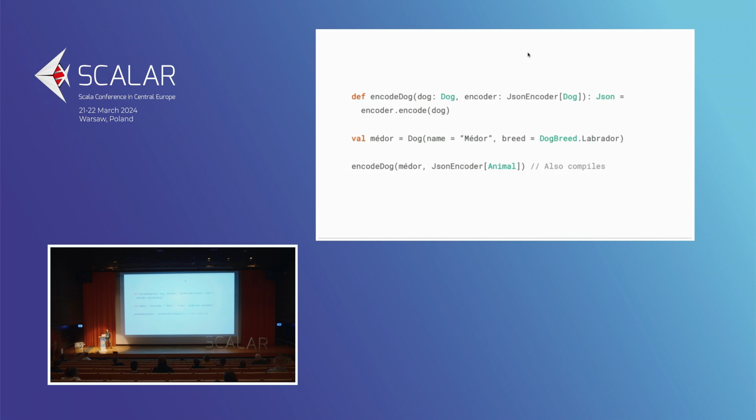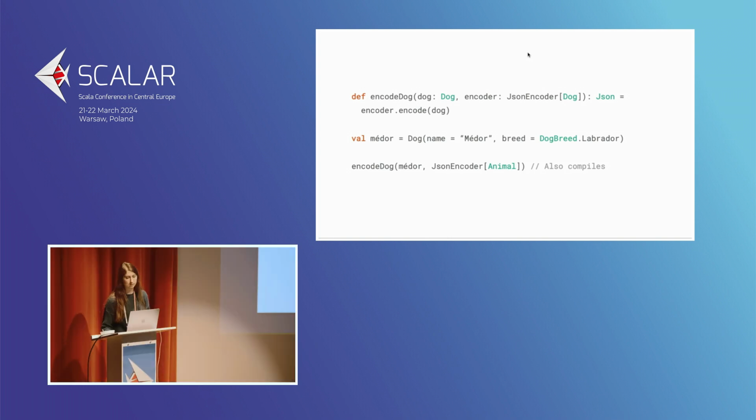If we pass a JSON encoder of animal to our method, we're giving the method something that does what it requires and some more. But it's acceptable to give it something that's a bit more powerful than what we strictly required. So that compiles again. So yeah, whenever you encounter codecs, remember decoders will tend to be covariant, encoders will tend to be contravariant.